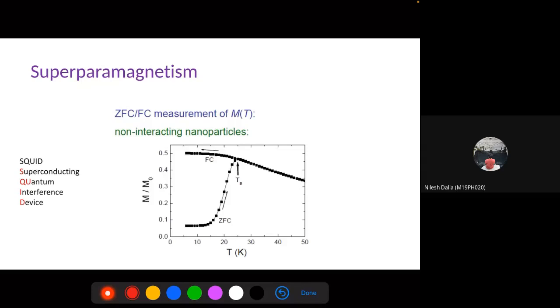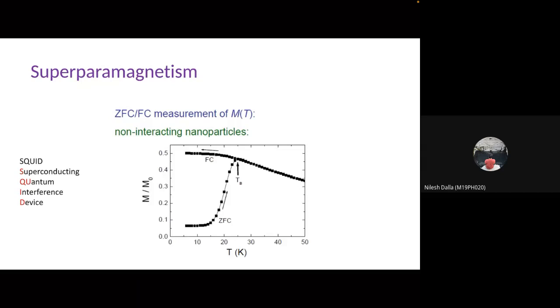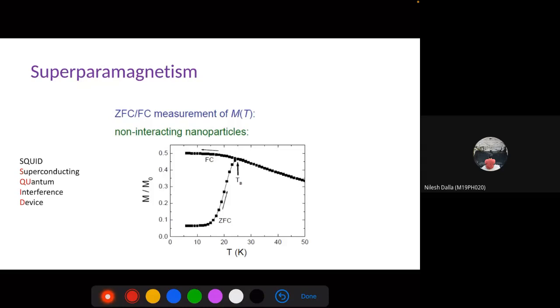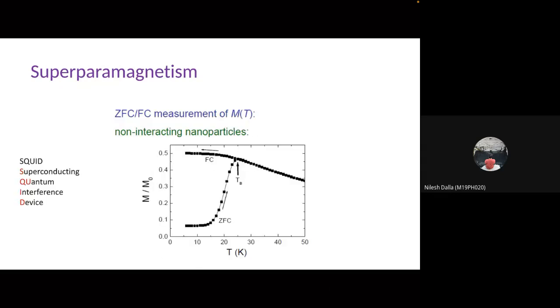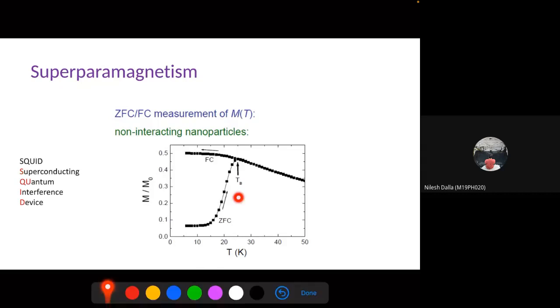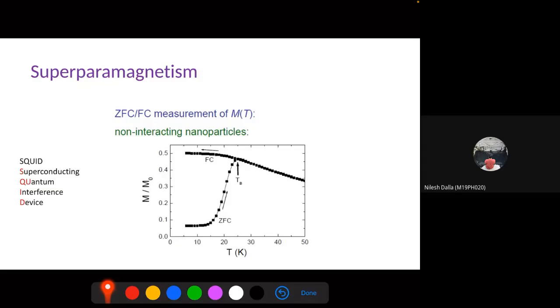We see that at a particular temperature, the blocking temperature TB, above it there is thermal fluctuation, but below the blocking temperature the magnetization will freeze into one configuration, either phi equal to 0 or phi equal to pi.